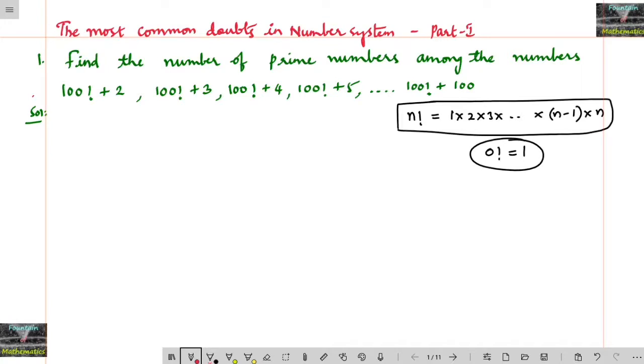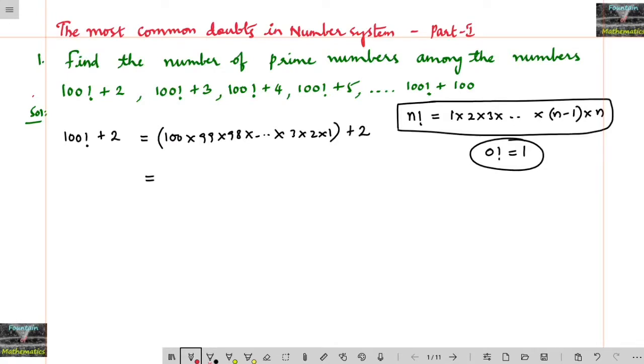Now in this question, the first number given is 100 factorial plus 2. This is nothing but 100 into 99 into 98 and so on, 3 into 2 into 1, the product of 100 natural numbers, plus 2. Now can I find 2 in this product?